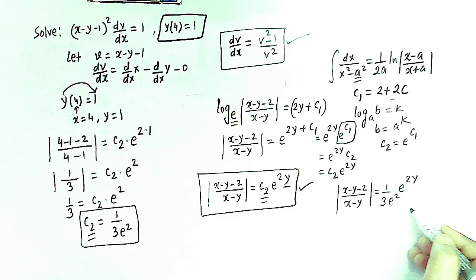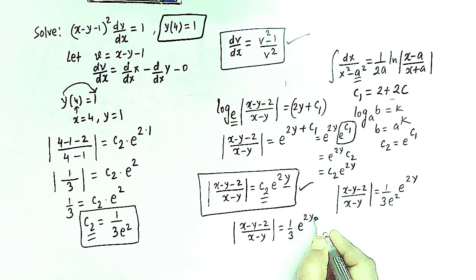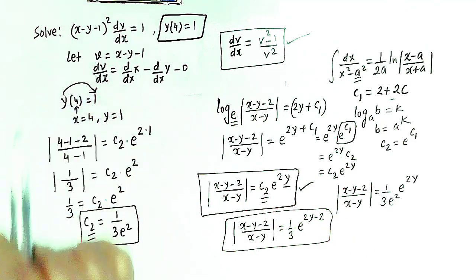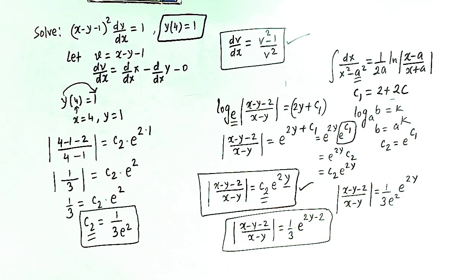So taking e square to the numerator, we can now write this expression as x minus y minus 2 over x minus y equal to 1 over 3 times e raised to 2y minus 2. So this is the required particular solution of this differential equation when this condition is given.